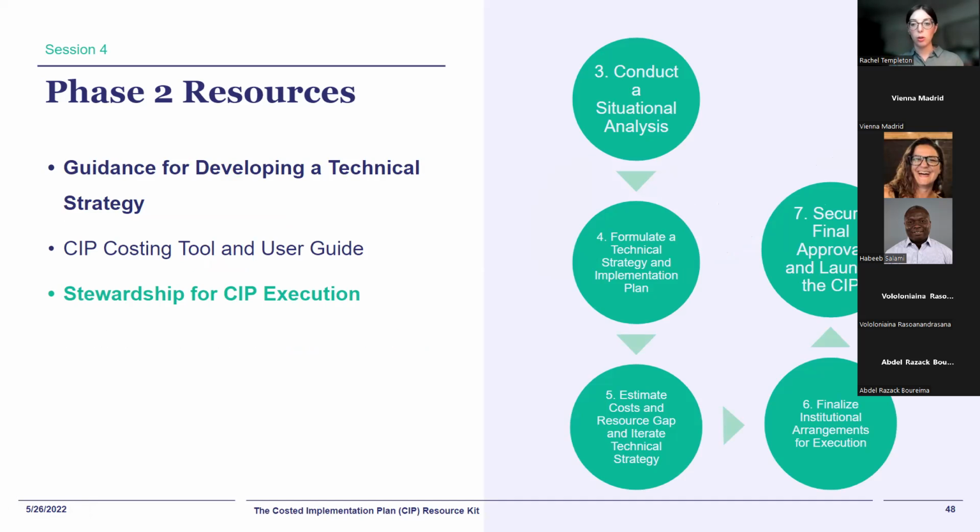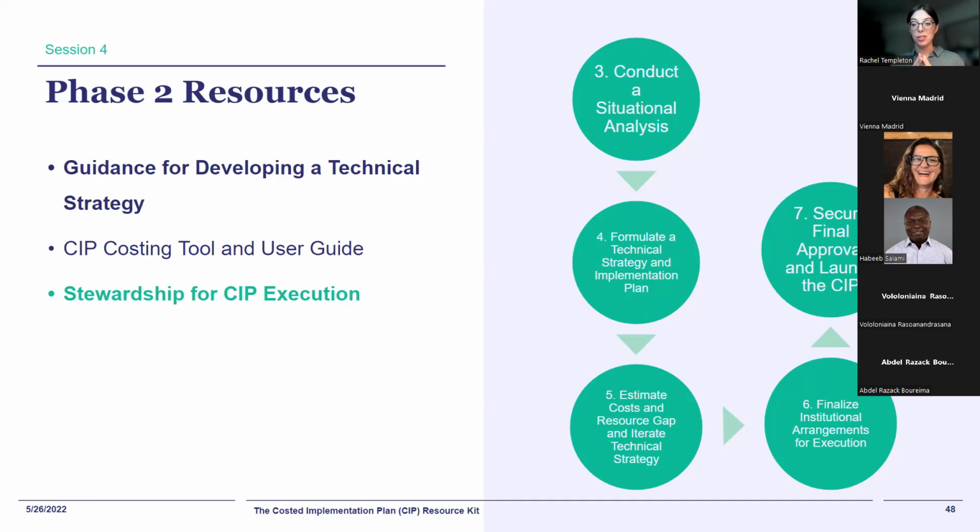And this tool really walks you through the process of developing a technical strategy, from conducting the situational analysis, identifying and setting an FP goal for the CIP, identifying evidence-based interventions, and setting these strategic priorities, which we've talked about a lot on this webinar, as well as developing the results framework with targets and the implementation plan, et cetera. So really the meat and potatoes of the CIP.